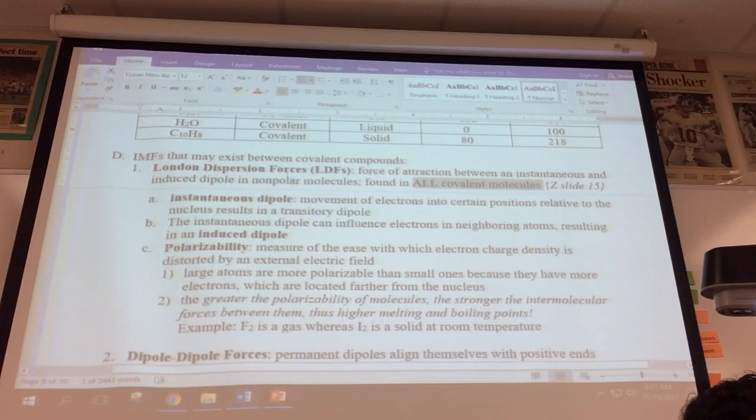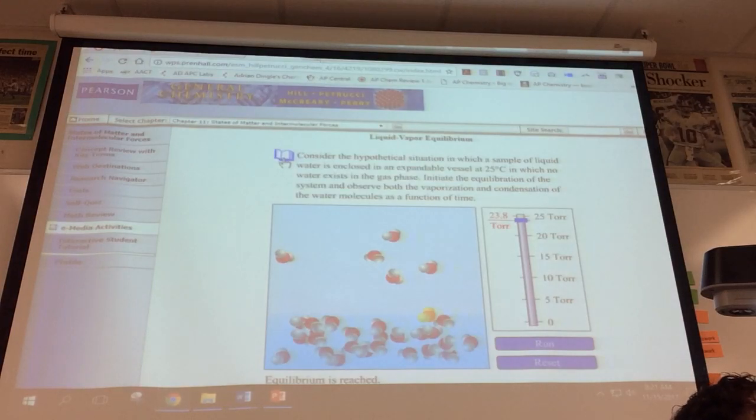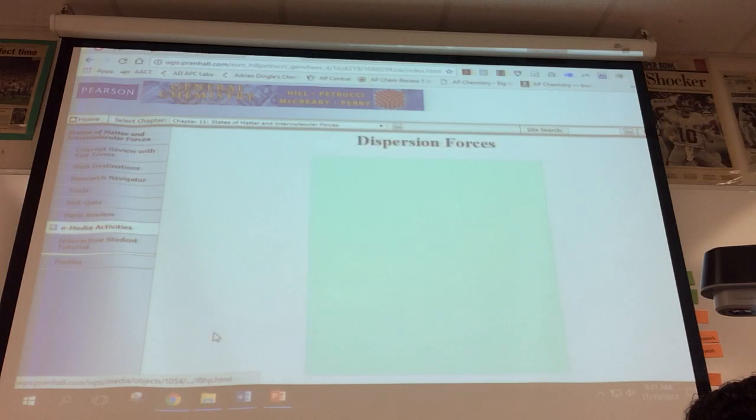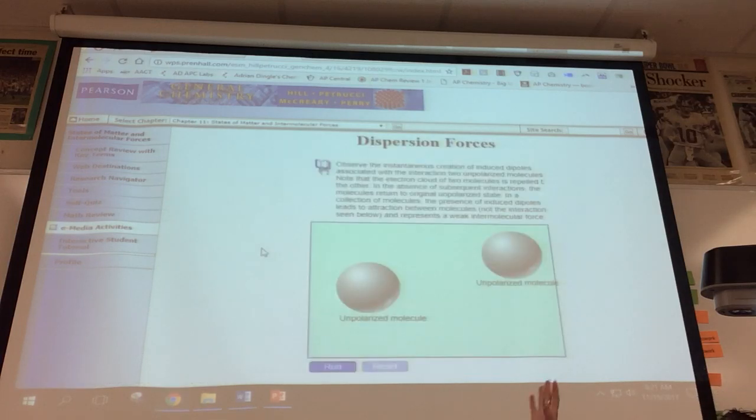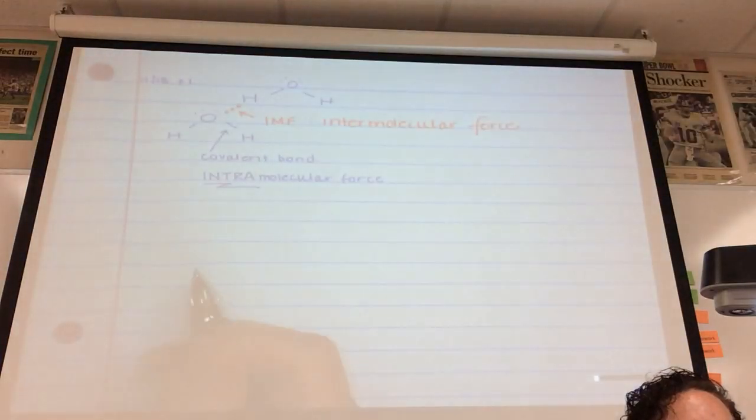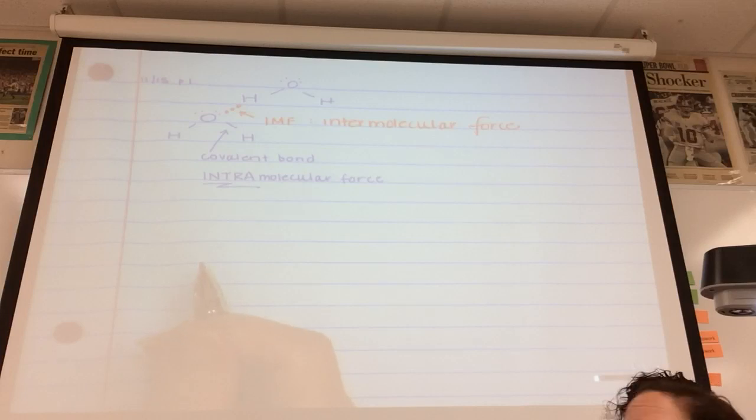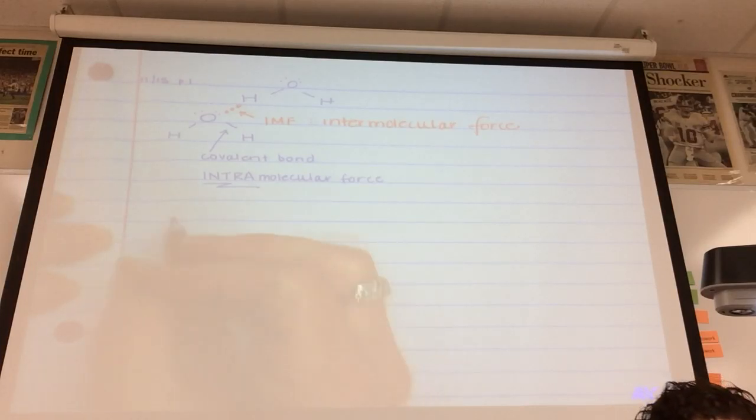Let me show you what happens with a London dispersion force. For example, we have two unpolarized molecules. Give me an example of a nonpolar covalent compound. We can do it simpler.